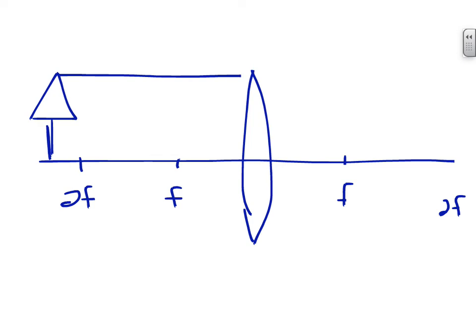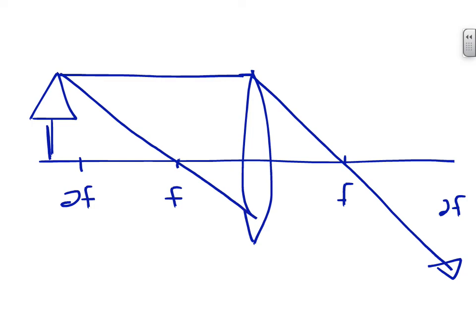The lines you want to draw: anything that comes in parallel to the principal axis is going to get bent through F. And anything that goes through F on the way to the lens will get refracted out parallel to the principal axis. Since it crosses with the real image, that's going to be where the top of the arrow forms.